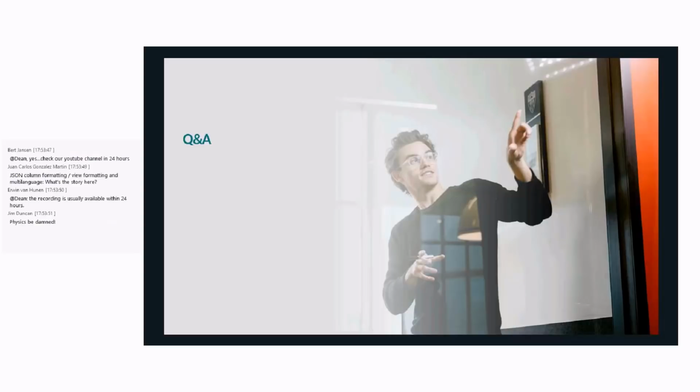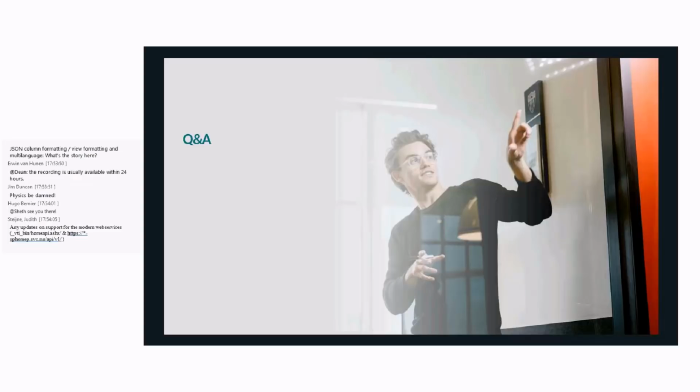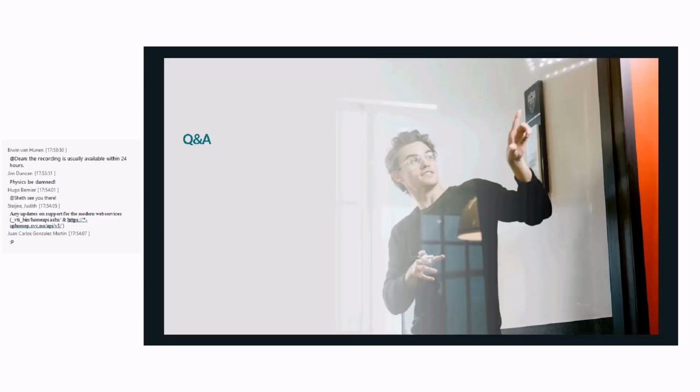JSON column formatting, view formatting, and multi-language. What's the story here? Good question from Yuan. Yuan has been asking a lot about multilingual questions, which is good, so let's talk about that. The multilingual story relates to the way we do development in SharePoint engineering, which is this minimum viable product way. What it means is that we want to get the functionality out first, and then we evolve it based on the feedback we're getting.